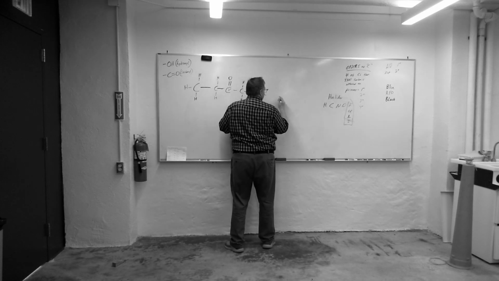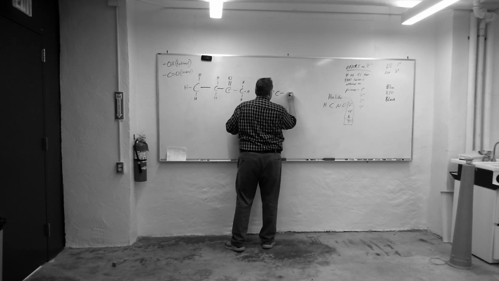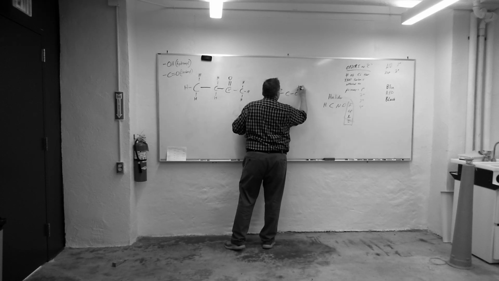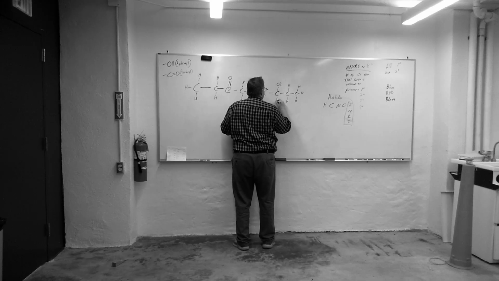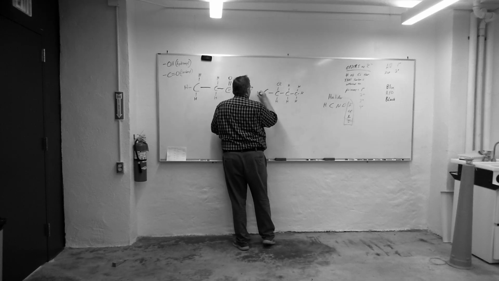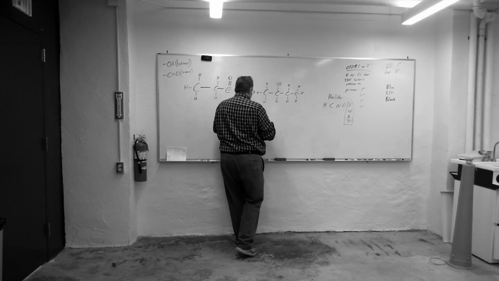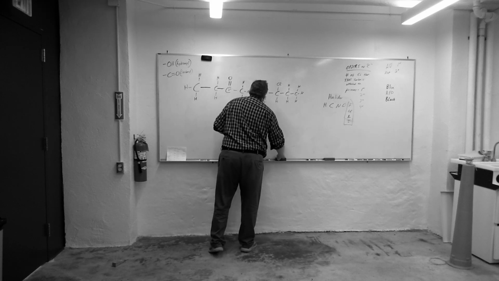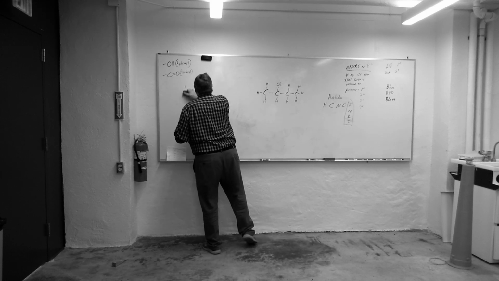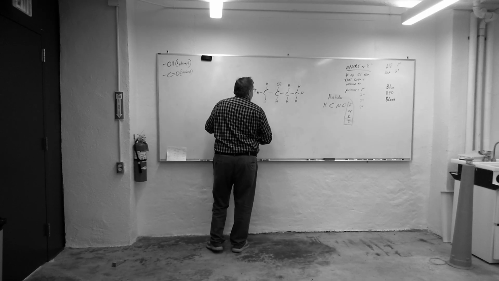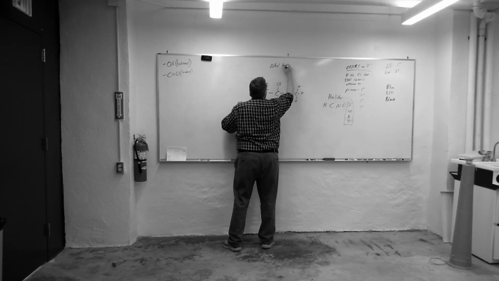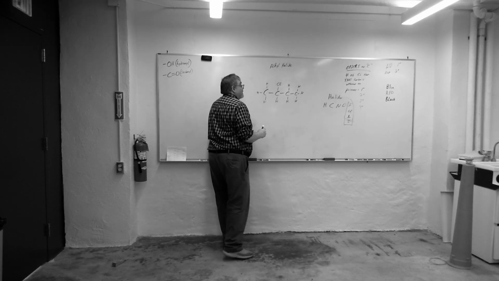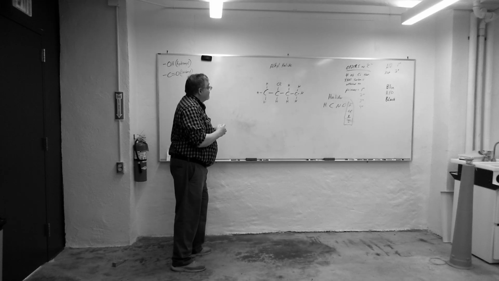You can have, so all of those things only make 1 bond. I'll put Cl there. That's called an alkyl halide, just because it's got a halogen on it.